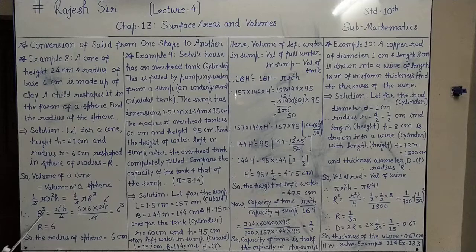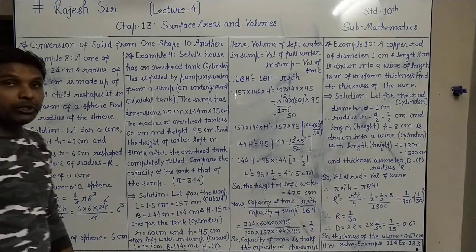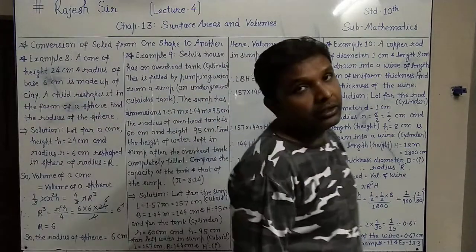So R cube equals 6 cube. Taking the cube root on both sides, R equals 6. This R is the radius of the sphere, which was asked in the question. So the radius of the sphere is 6 cm. Very simply we can find this.